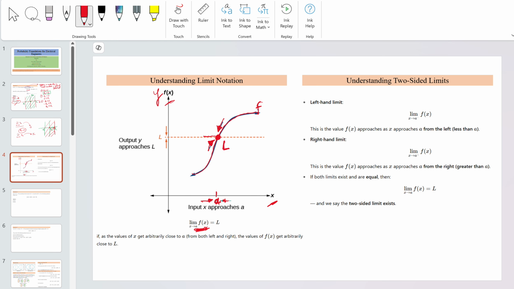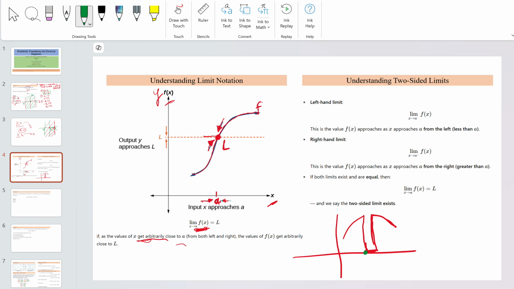What does that mean? It means that when x gets arbitrarily close to a from both sides, the value of f(x) gets arbitrarily close to l. Suppose let's take a function like this, and it drops to 0 here. Then it moves forward and then moves like this.